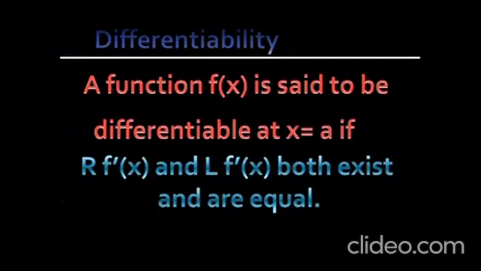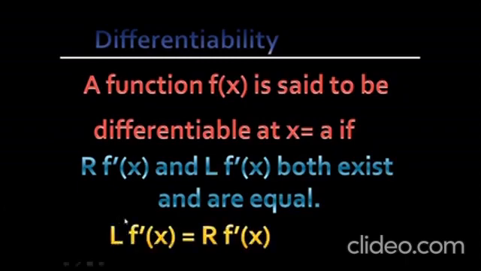That's why these two should exist. It means they will show a particular value, and they should be equal to each other. So we can write the left hand differentiability is equal to the right hand differentiability, that is, L f dash x is equal to R f dash x.